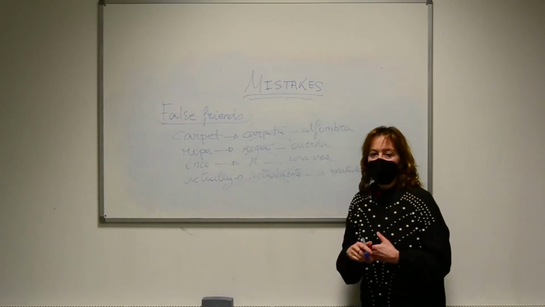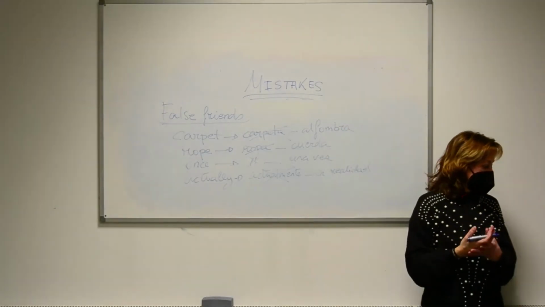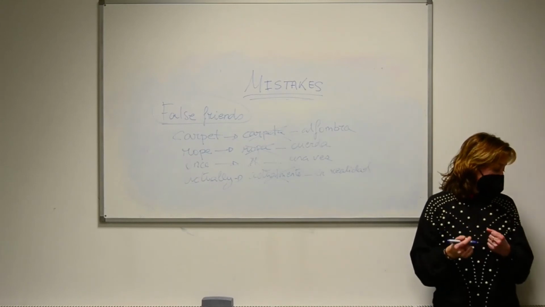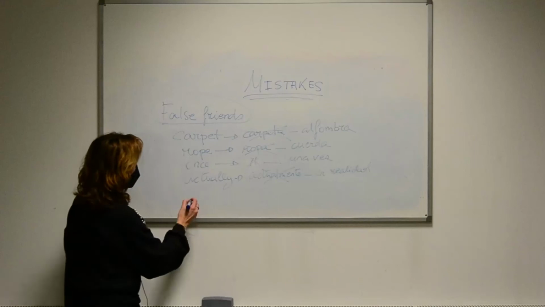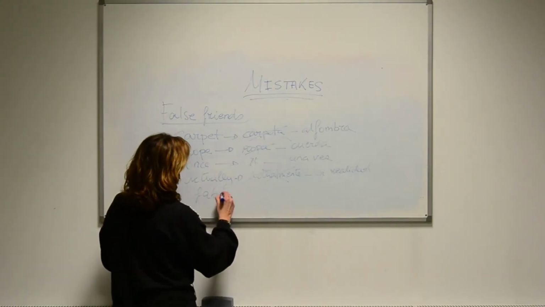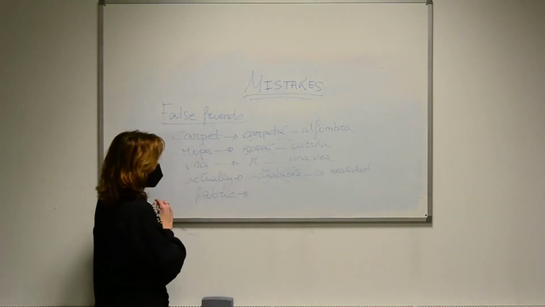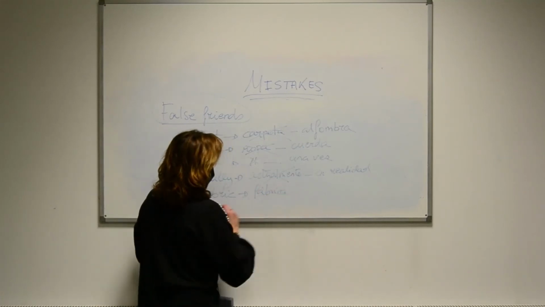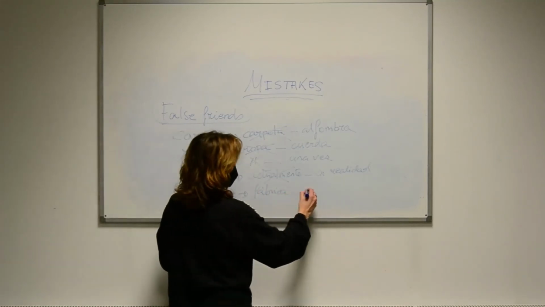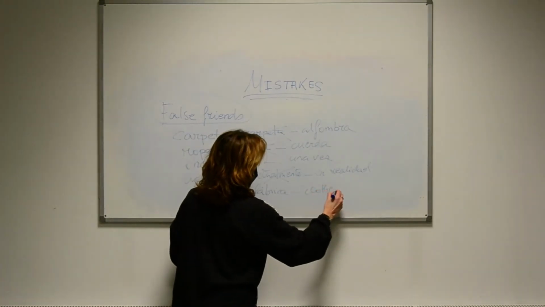Right? These words, all of them are quite similar, but they convey a completely different meaning. Another one should be, for instance, fabric. Fabric is not fábrica. Fábrica should be factory. Fabric is a type of cloth. Okay?